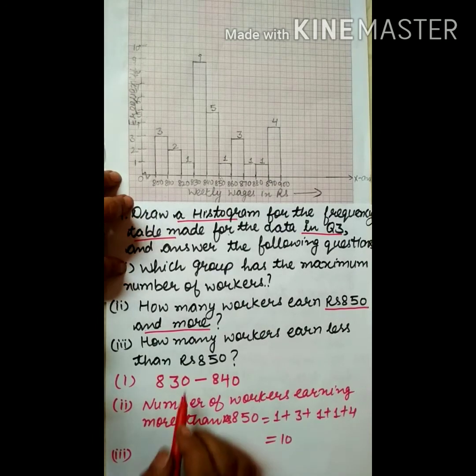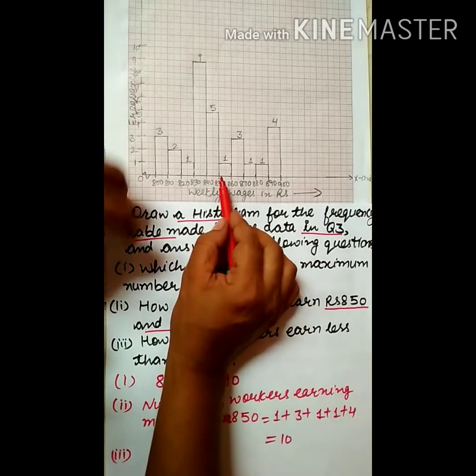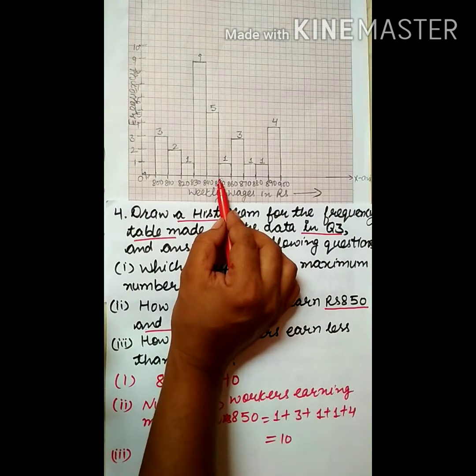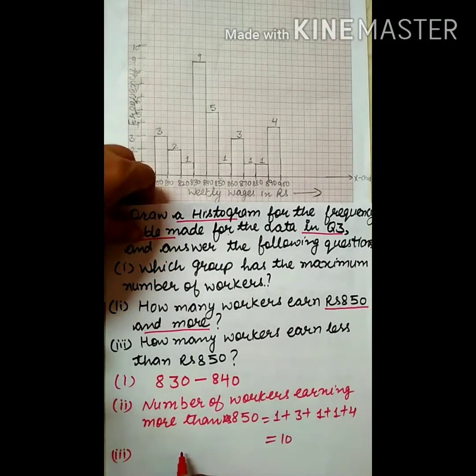Now next part is how many workers earn less than 850. This is the side where the workers are earning less than 850. Or we can also directly write down the answer. If 10 workers are earning more than 850, then total workers are 30. It means 20 workers are there who are earning less than 850.